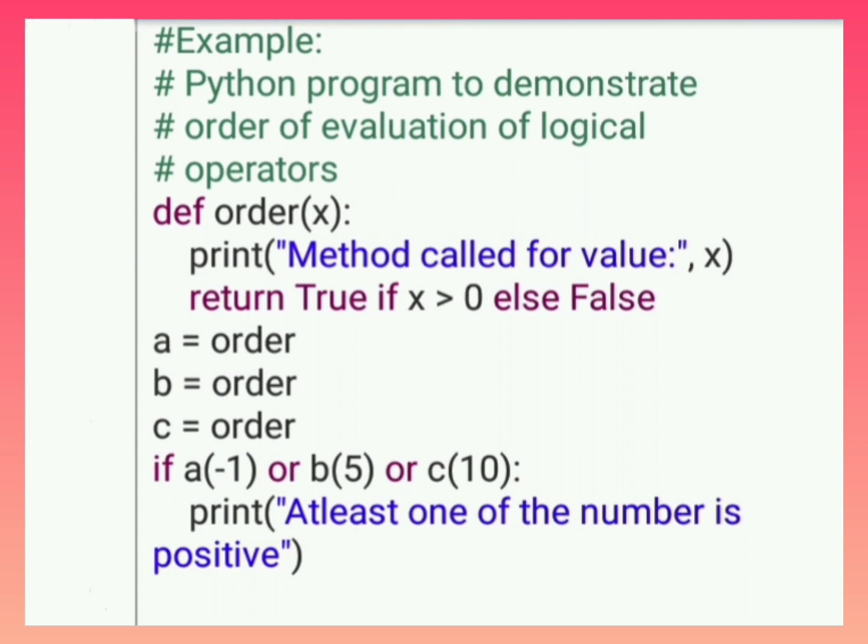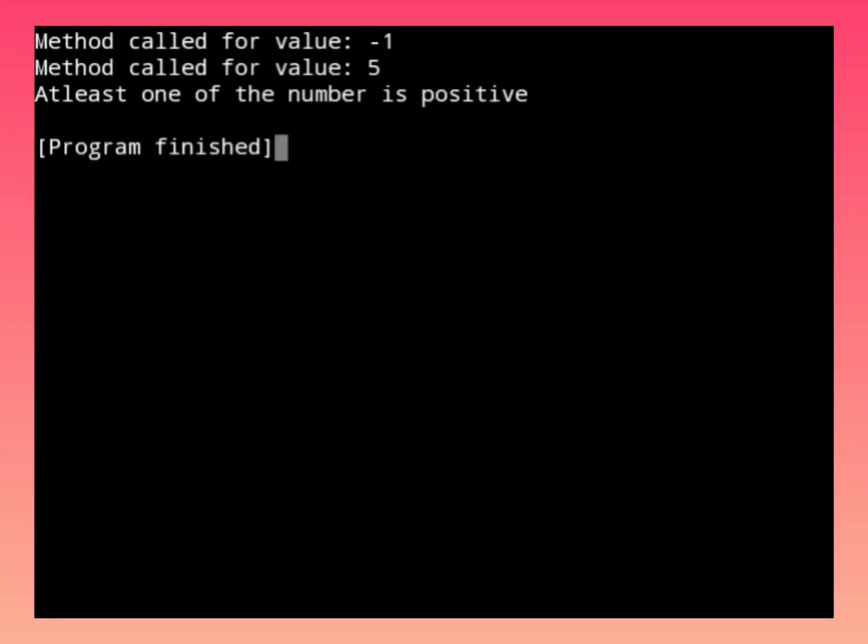A is equal to order, B is equal to order, C is equal to order. If A of minus 1 or B of 5 or C of 10, print at least one of the numbers is positive. We get the output as method called for value minus 1, method called for value 5, at least one of the numbers is positive.